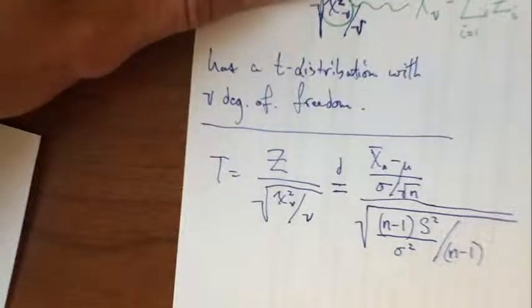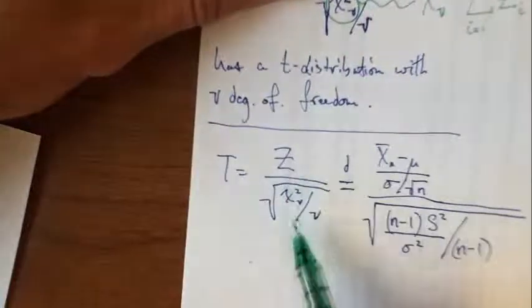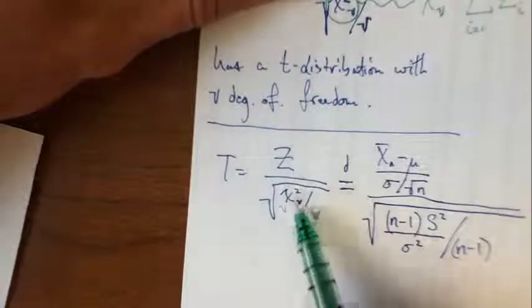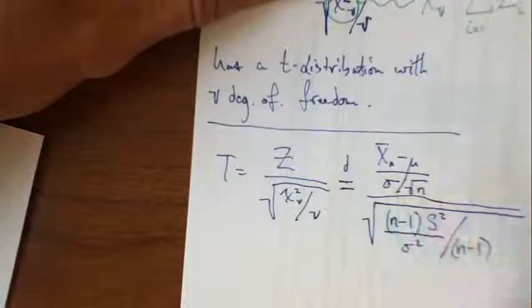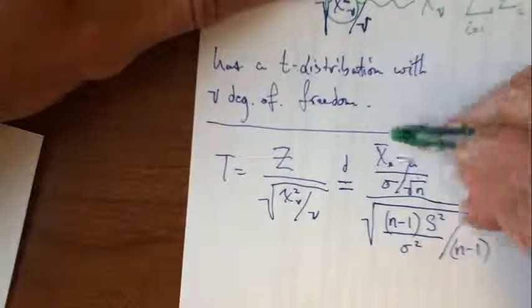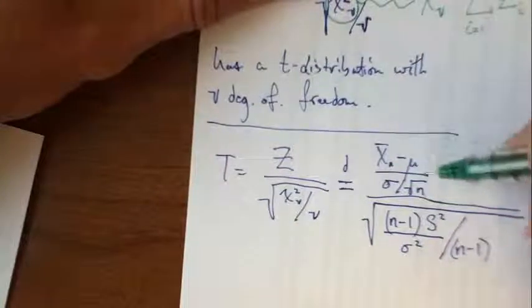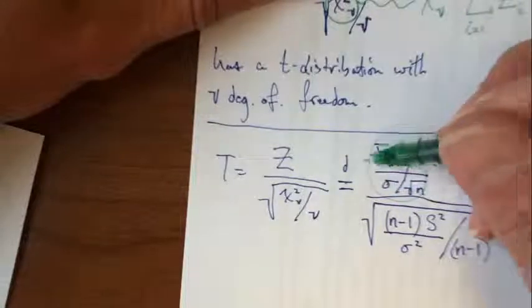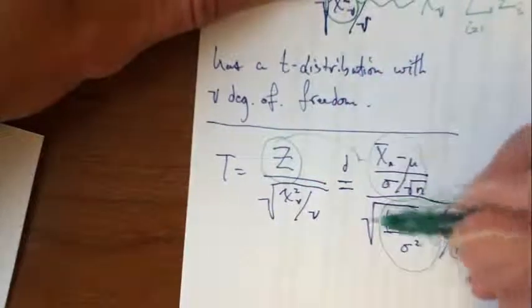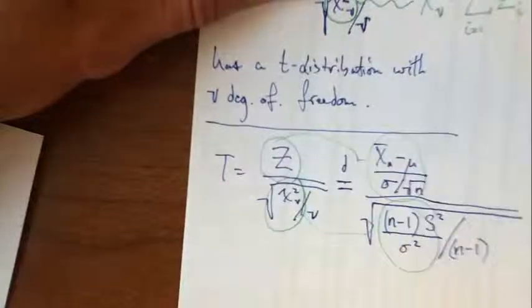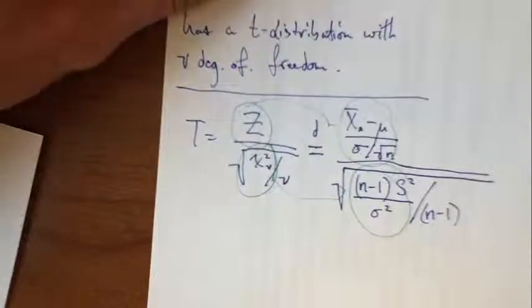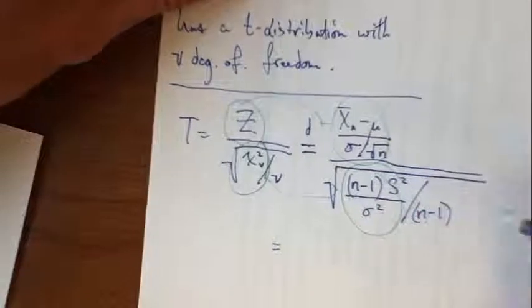So I've replaced these more theoretical random variables with things that are of more practical direct use that behave like them. This behaves like this, and this stuff behaves like this. Let's see if this simplifies. Sure, it does.